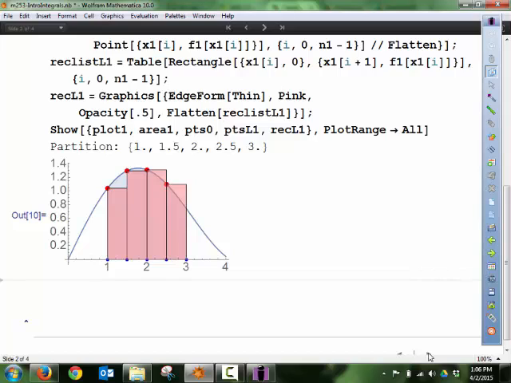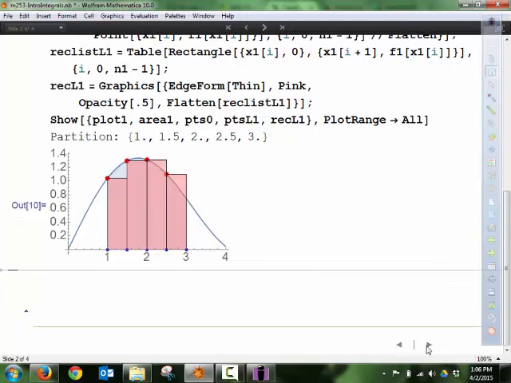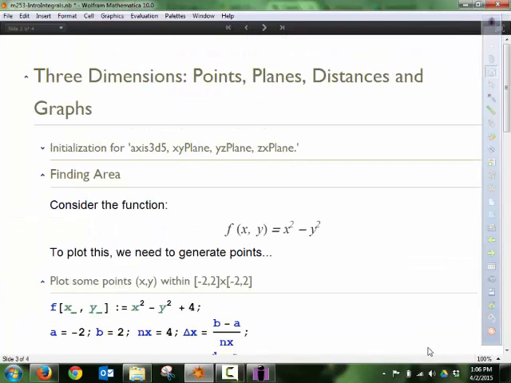Okay, so now if we think about extending this to our new types of functions that we're dealing with, how can this be extended?